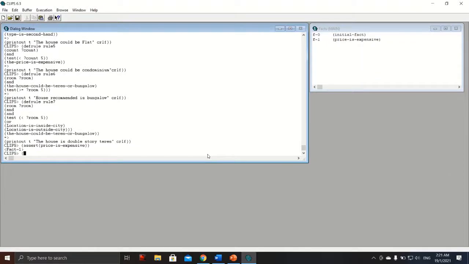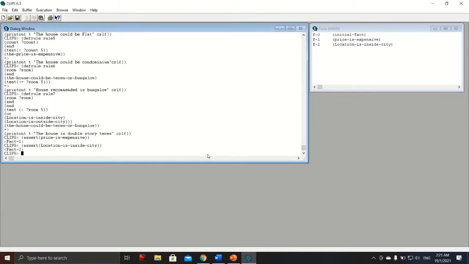Then I will enter whether the location is inside or outside the city. Then I will enter the count of the number of family members who will stay in the house.